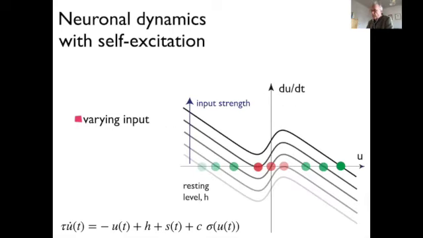But of course, we could have different levels of input. If we now apply an input to this nonlinear function, then interesting things are going to happen. When this was the original value, the gray level indicates increasing levels of input strength S. At some input strength, there is a new intersection with the u dot equals 0 axis.